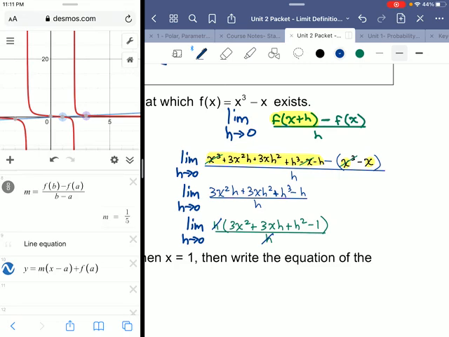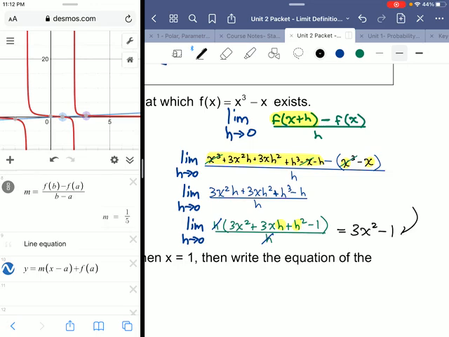So now it's just the limit of this remaining expression, which gives me license to replace all my h's with zeros. When I do that, the only terms that we're left with are the 3x squared and the negative 1.